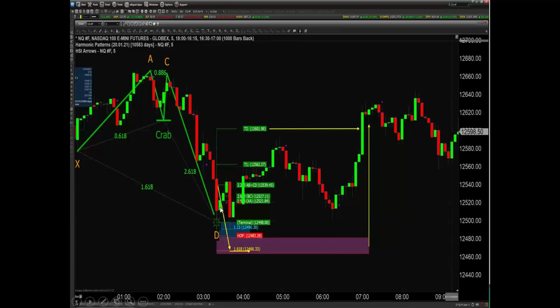But we are waiting for that terminal bar to complete. There's no execution until terminal bar plus 1. But we automatically know we can project the 113 or 1618 zone to get an idea of where this scenario fails, and do we have anything else that corresponds in that area?